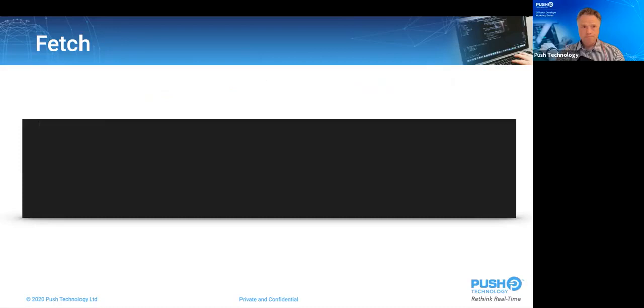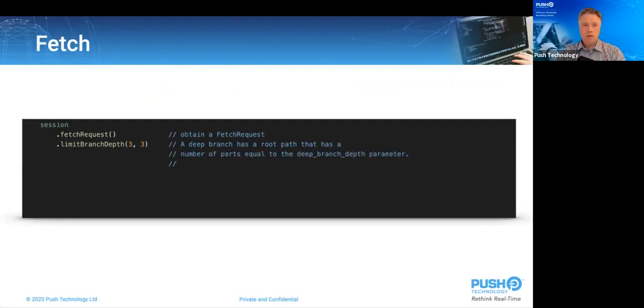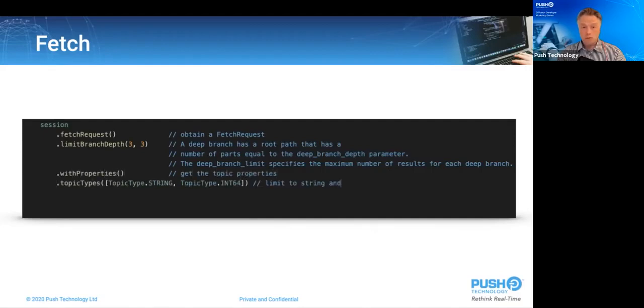For example, this comes straight from the JavaScript examples folder. This fetch request will retrieve no more than 3 topics from any branch that is deeper than 3 parts or steps. It will retrieve the topic properties. It will retrieve only string and int64 topics, and it will present the values as JSON.